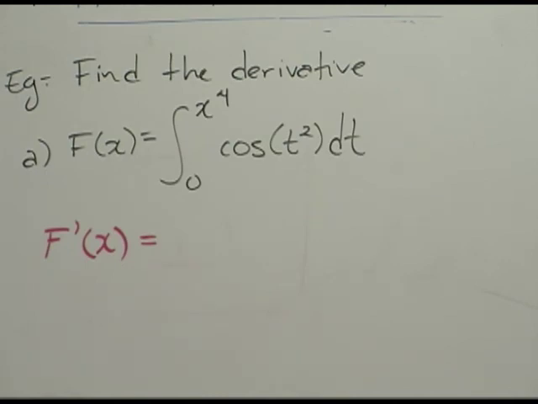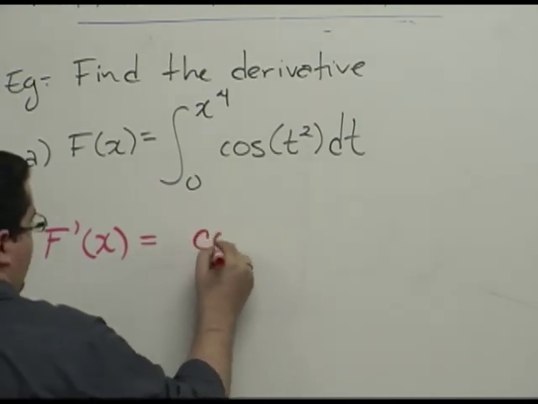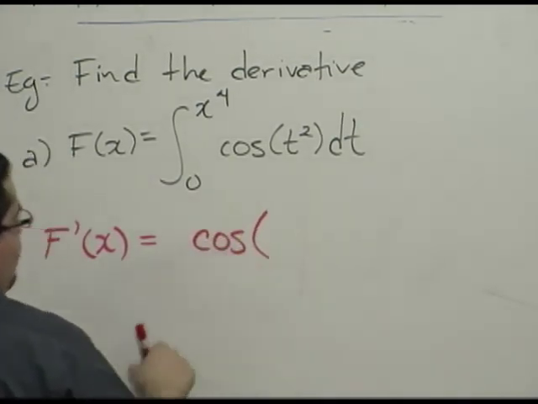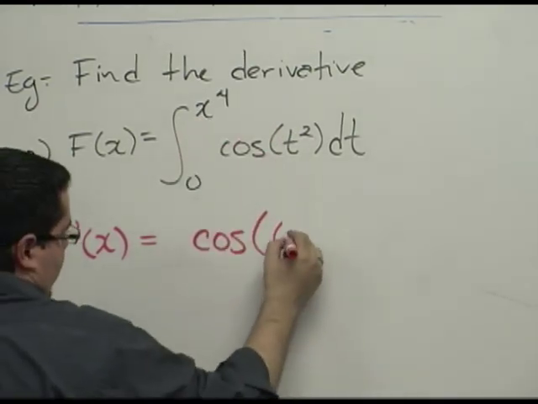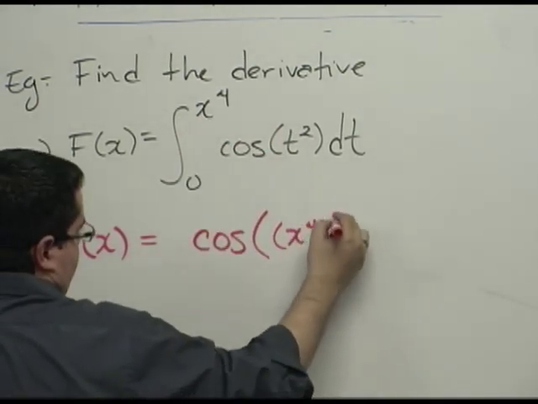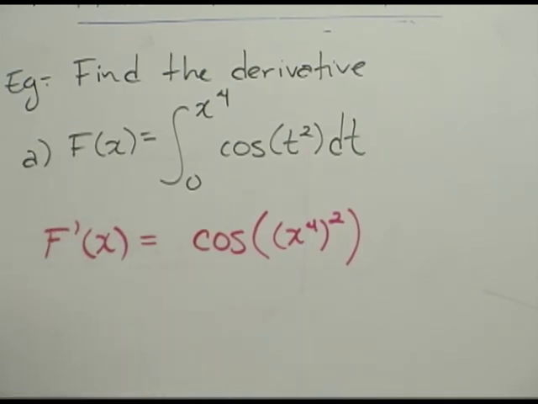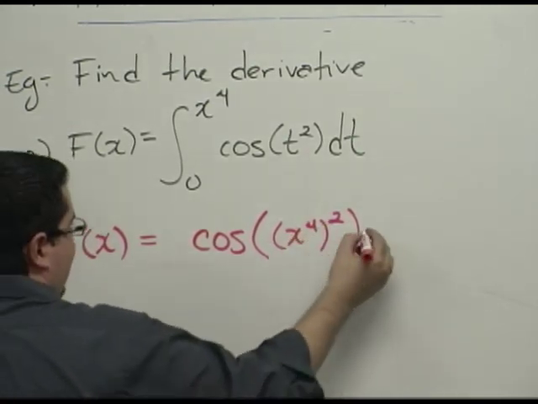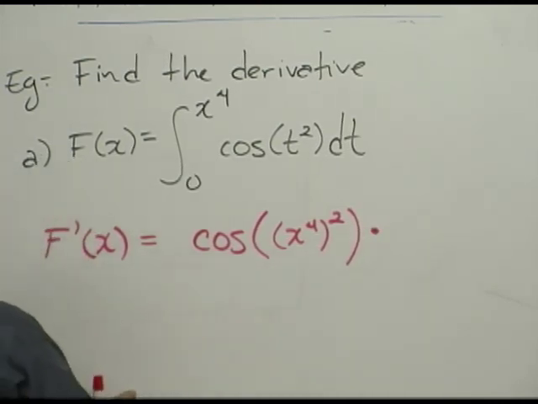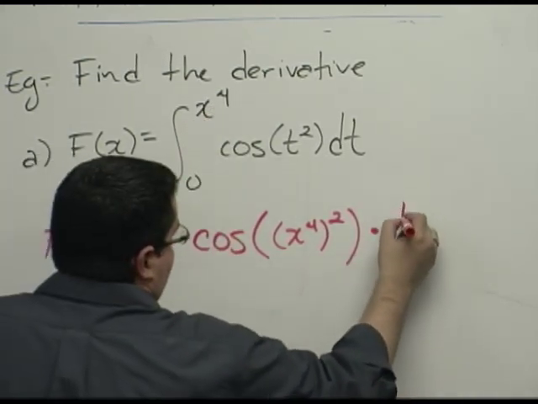In other words, the derivative in this case would just be the cosine of, instead of t squared, an x to the 4th quantity squared. Okay, this has to do, remember, with the first part of the fundamental theorem. The cosine of x to the 4th quantity squared times the derivative of x to the 4th.